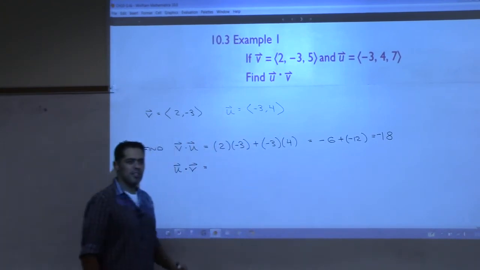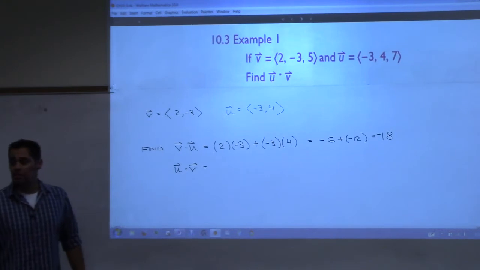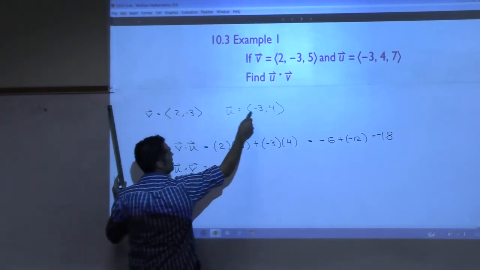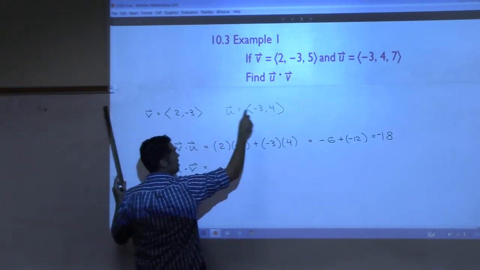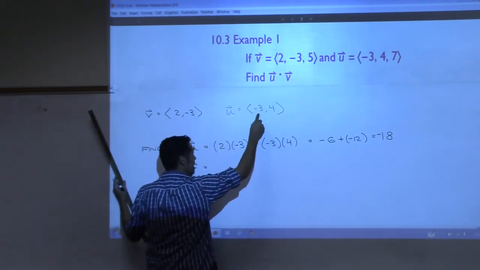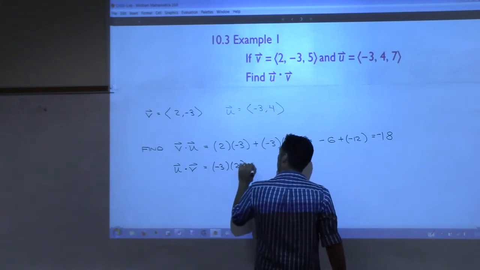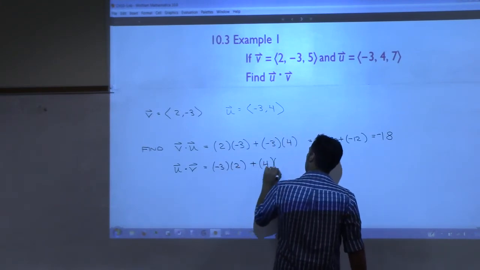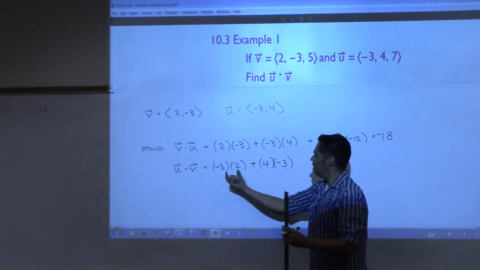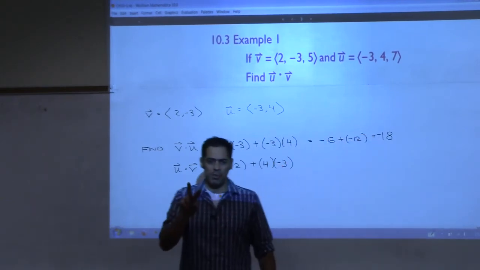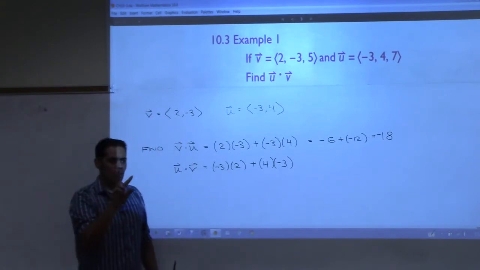So if I change the order, does that change the answer? No. The only difference is that instead of doing 2 times -3 plus -3 times 4, I'm going to do -3 times 2 plus 4 times -3, and it just flipped this order, didn't it? And in standard multiplication between numbers, the order doesn't matter.